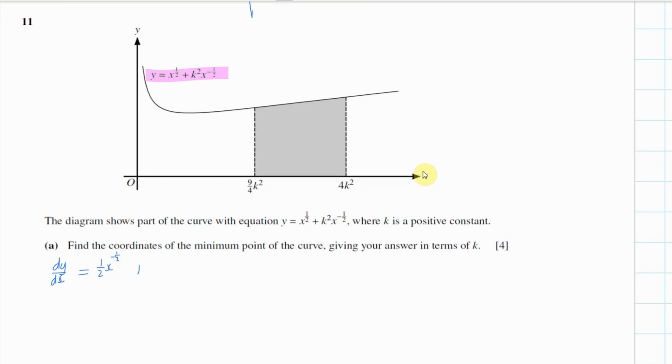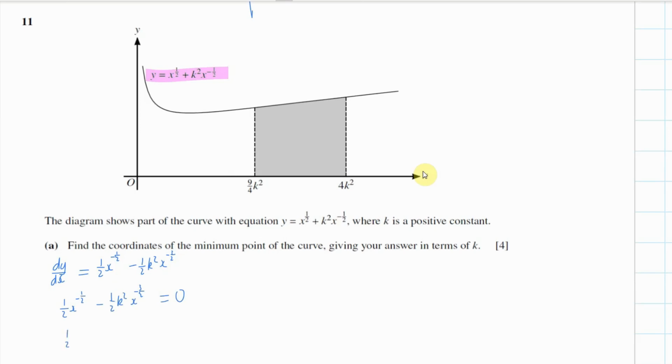I'm going to take that negative half for the next term, times that by the k squared, and then drop the power down by 1 again. Minimum point occurs when that equals 0. So I'm going to go half x to the minus 1/2, minus 1/2 k squared x to the negative 3/2, equals 0.